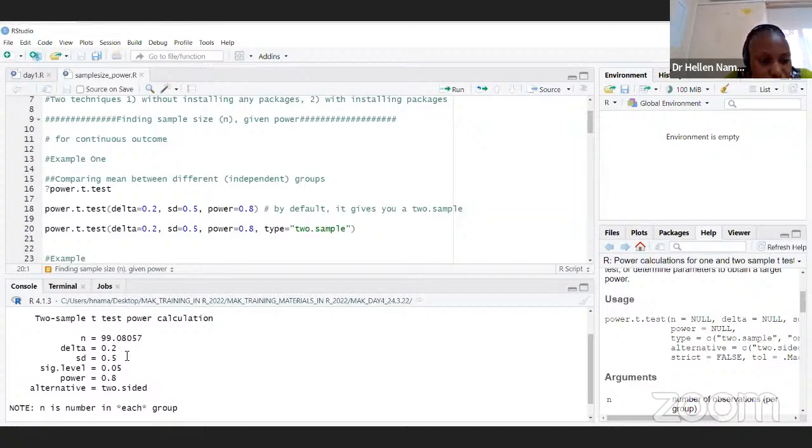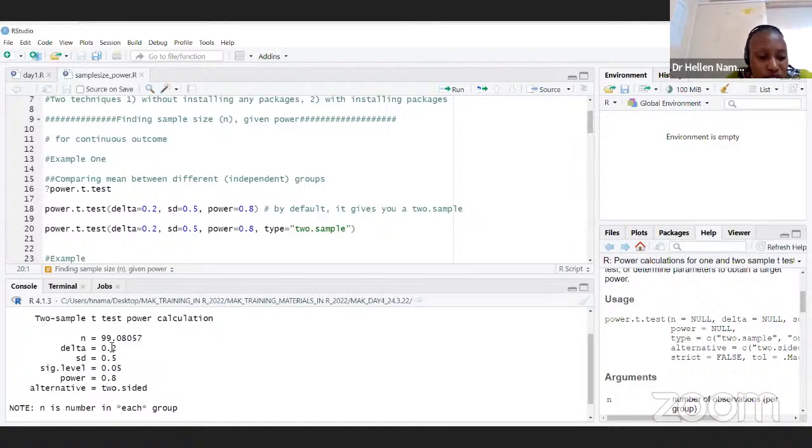That all you need to do in this particular case, it gives you that you will need n as 99. Because remember, all the commands that are inbuilt in R are based on Cohen's formula, the already existing formulas. So the point is knowing how to apply them and get the required n.